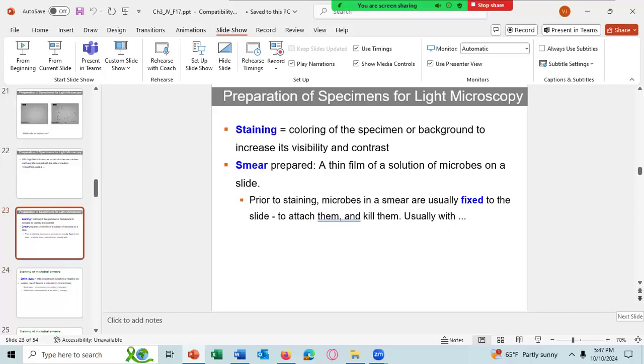But you just mix the cells in some water on a slide, spread the water all over the slide, and let it air dry. Once it's air dried, you slightly heat the slide, where you just warm the slide. You do not make it hot. That's to heat fix the bacteria to the slide, attaching the cells to the glass.